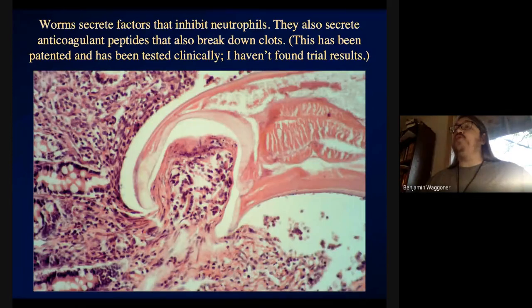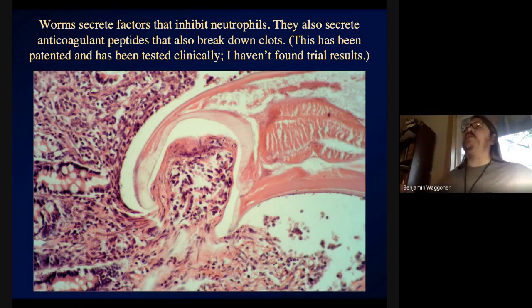That kind of stripy pink thing towards the upper right is actually a section through the esophagus and the muscle fibers that enable it to pump. You're seeing the buccal capsule, and you can see there's a whole fold of gut lining tissue that's been pulled up into that buccal capsule, and the worm is latching onto that with those piercing and cutting plates.